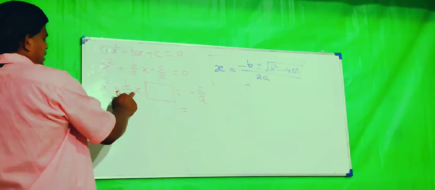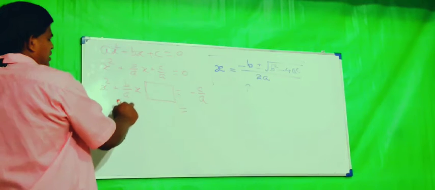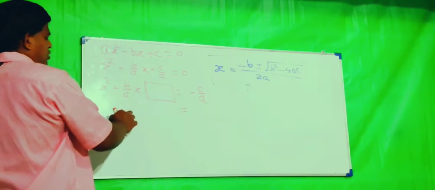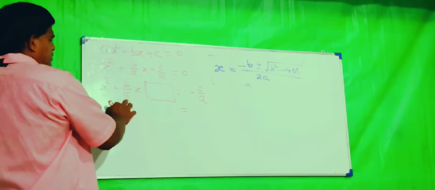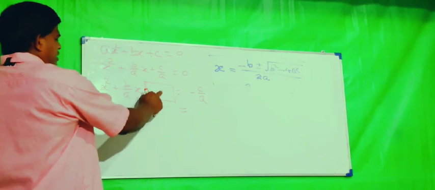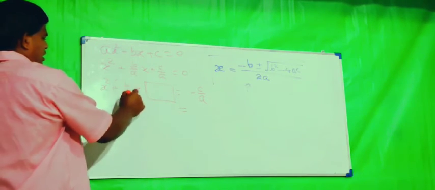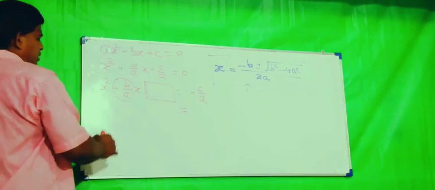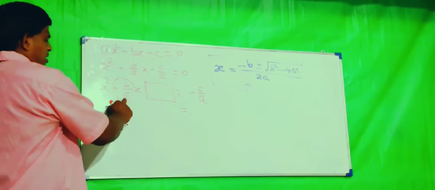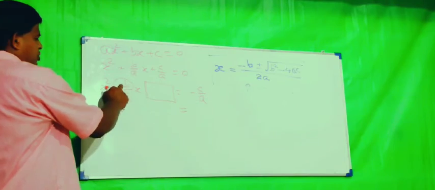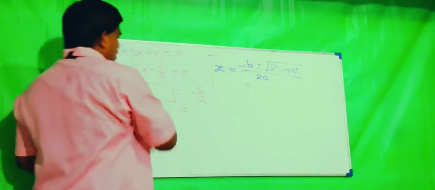Then the linear term is b upon a into x. If we use the usual method to decide the third term, the coefficient should be divided by 2, that is, half of the coefficient. Here the coefficient of the linear term is b upon a.